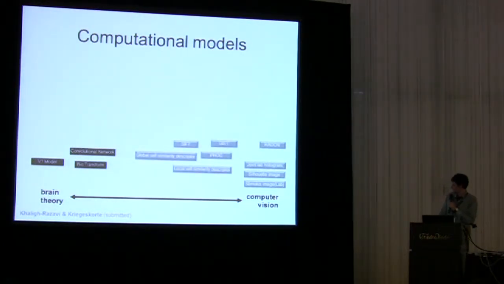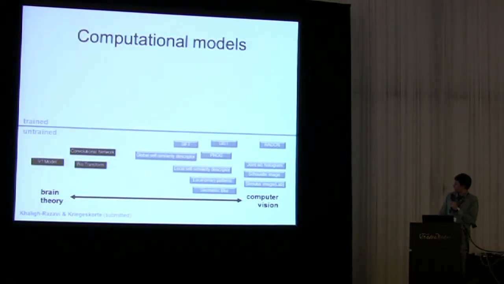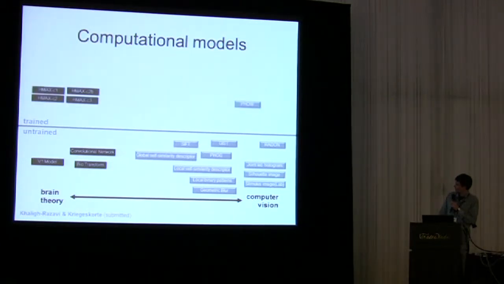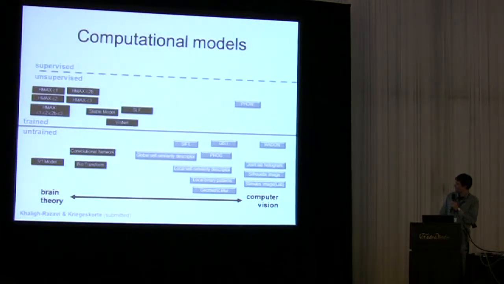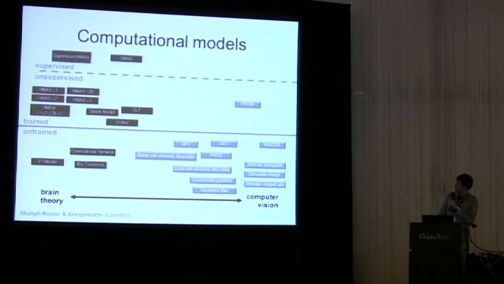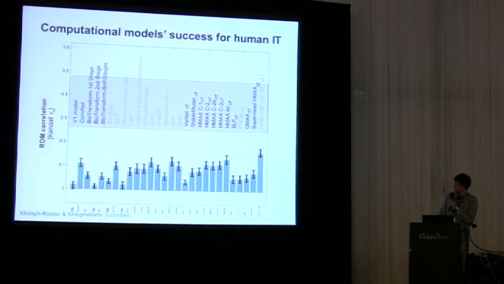There are many of the favorite features of computer vision, such as SIFT, GIST and HOG, among them. These were all untrained. We also had some trained models that were trained with unsupervised methods on natural images, but not on the images that we used in the study. And there were also a couple of weakly supervised models in our set. So altogether it was 28 different models.